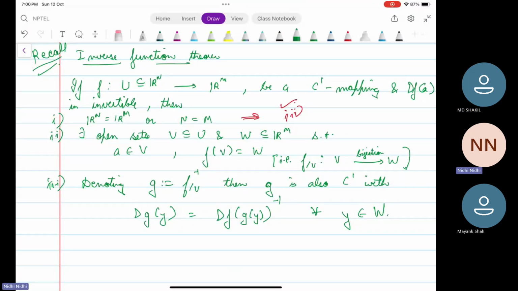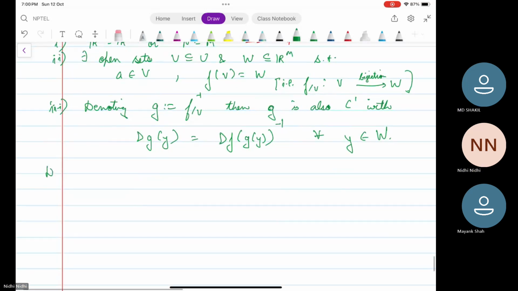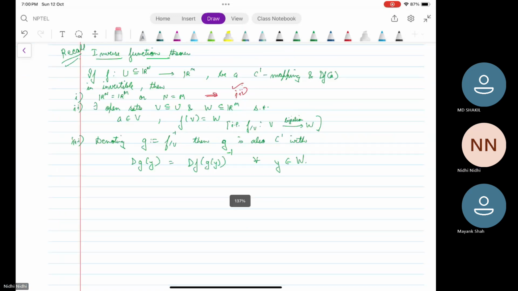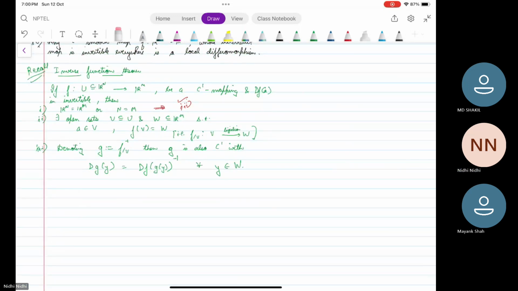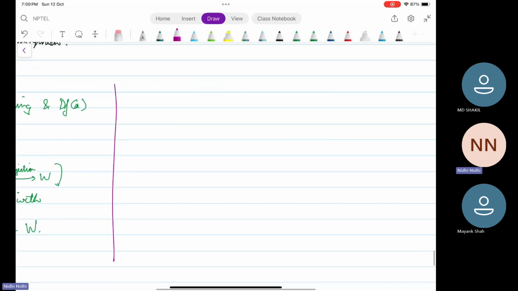Then we have the definition of diffeomorphism and local diffeomorphism.